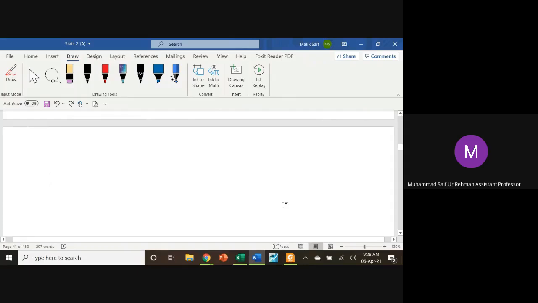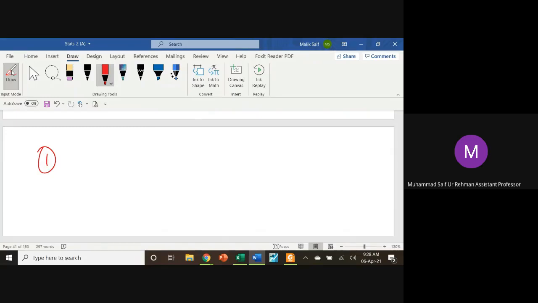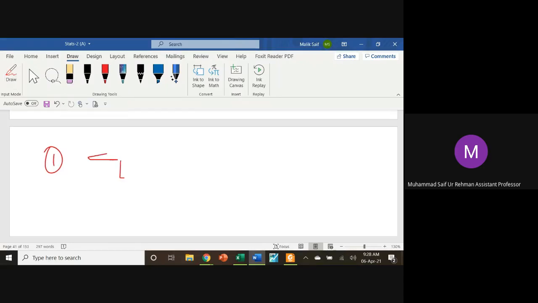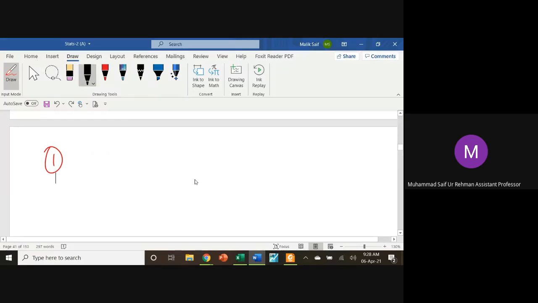I'm simply writing down over here one, two, three, four, five, six, to save my time. First step, null and alternate hypothesis. So in this case, H naught and H1.